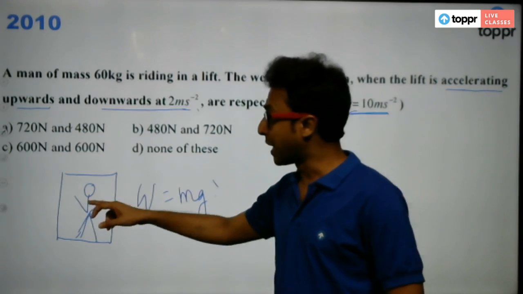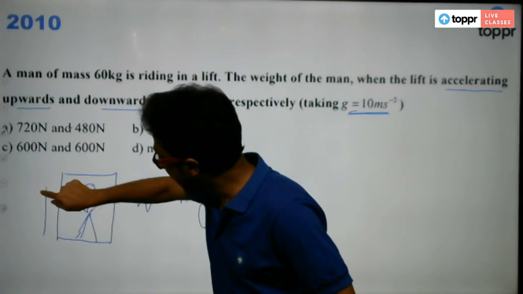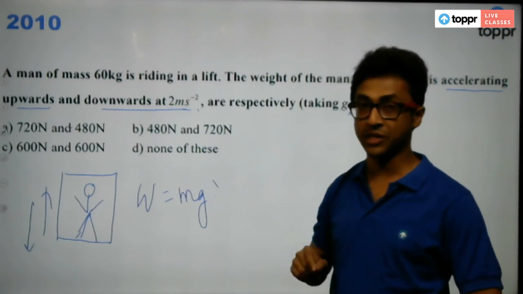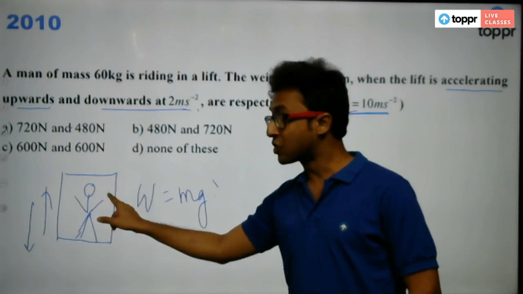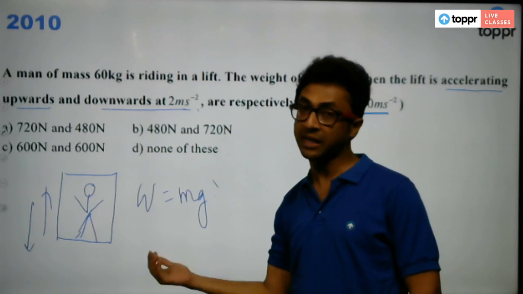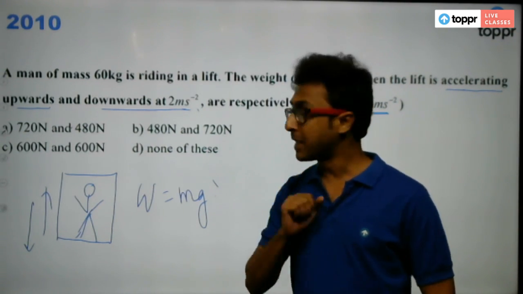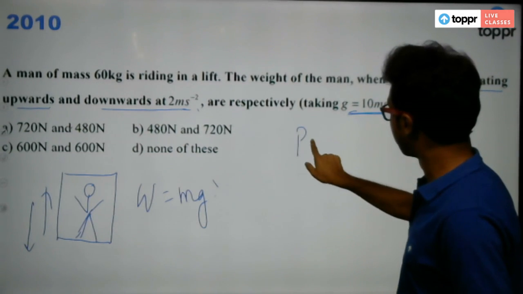But when the elevator moves up or moves down with an acceleration, then there is a change of weight that the person experiences. Why does this happen? I was telling you about pseudo forces, right?